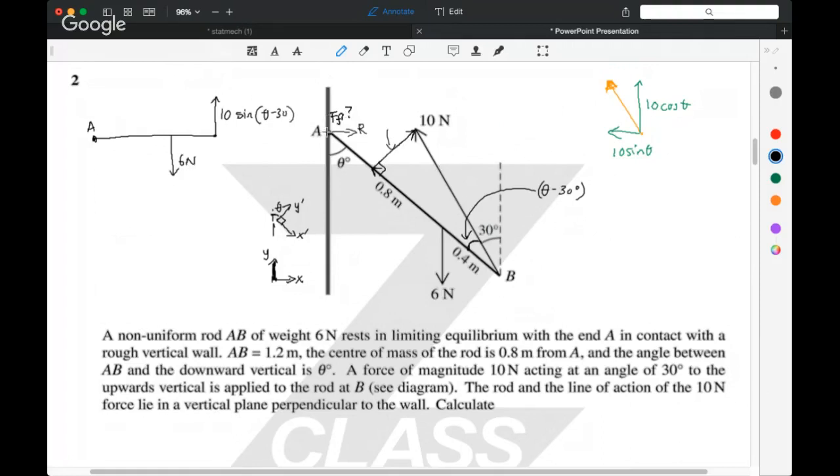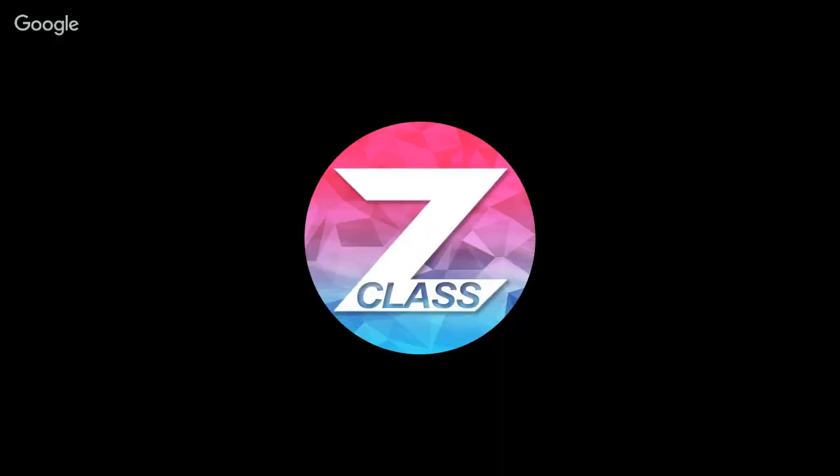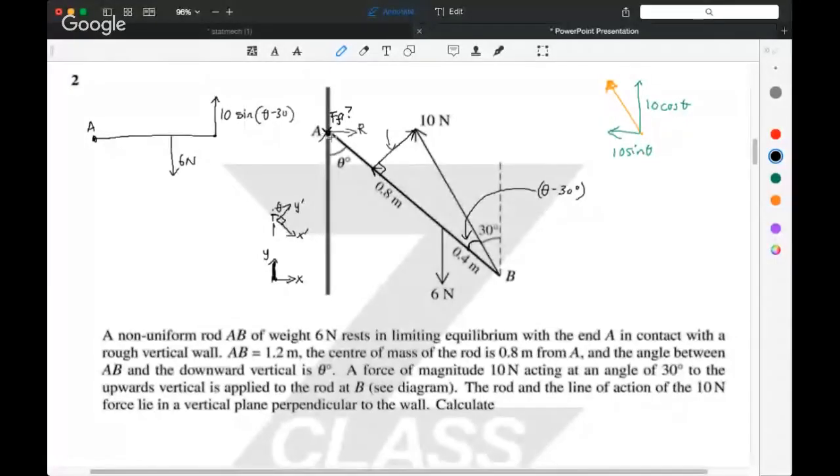But if you use that as the center of where your moments are being evaluated, you can't have any moment or torque being inflicted on a point if the force is applied directly to that point.